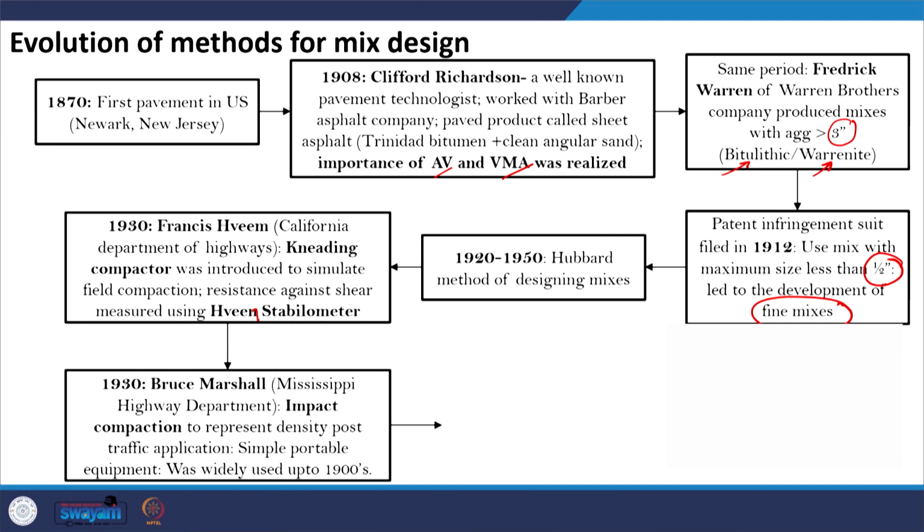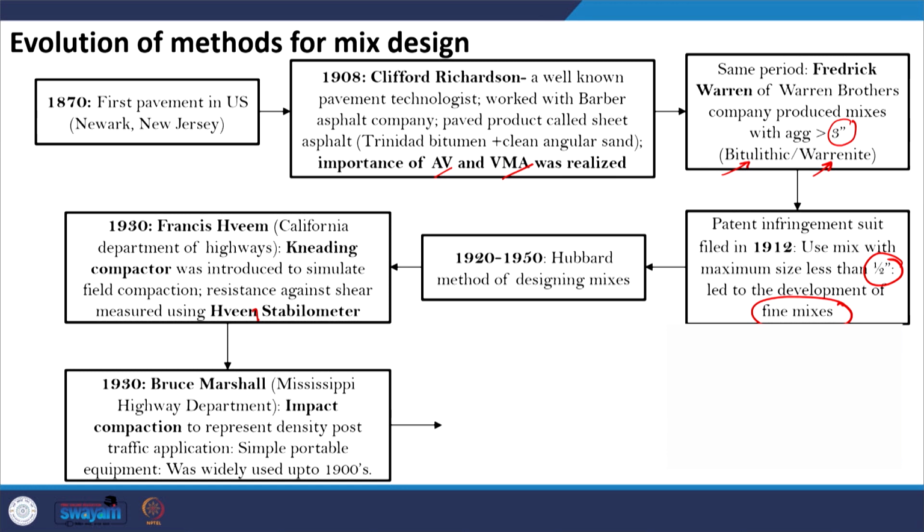This was during the time of World War II, when the government needed pavements to land aircraft at remote places, and since the equipment proposed by Marshall was easy to handle, it became more popular, and then most of the states started using the Marshall mix design process. In fact, in India also presently we use the Marshall mix design process.